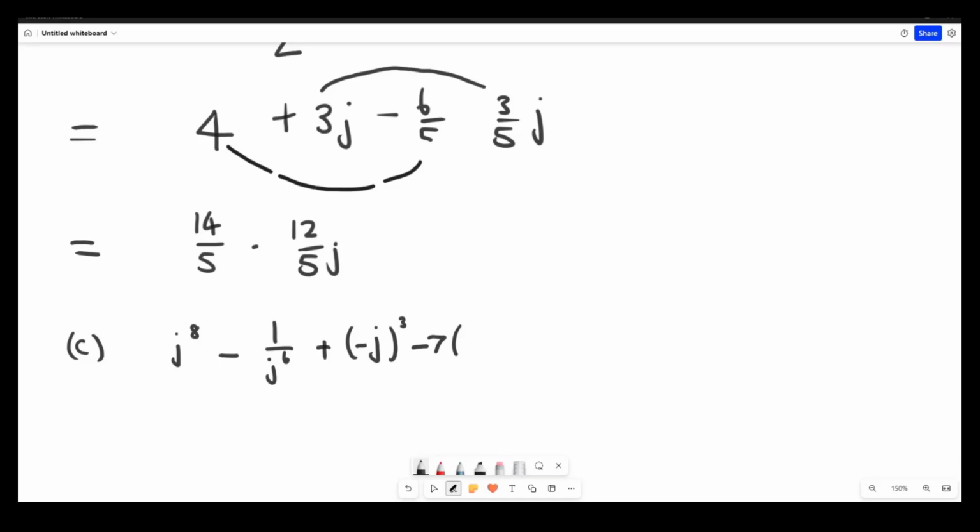I'm going to use some prior results that we had, and then it should be fine. What is this? 7 times 1 minus j cubed. Sorry, guys.